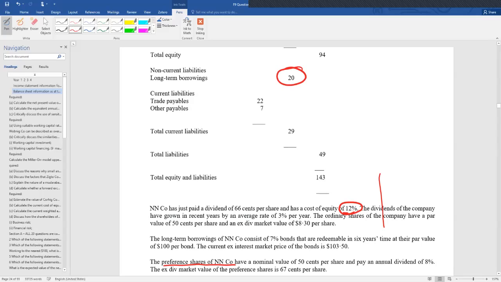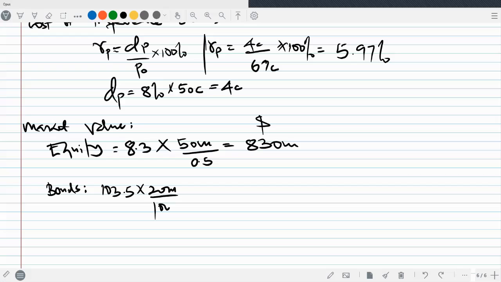Therefore 20 million divided by 100 gives the number of bonds issued, which is 20.